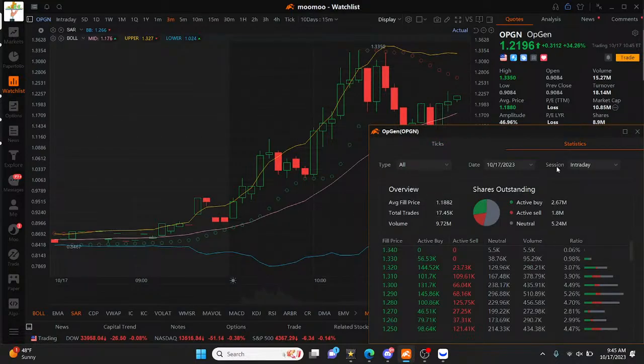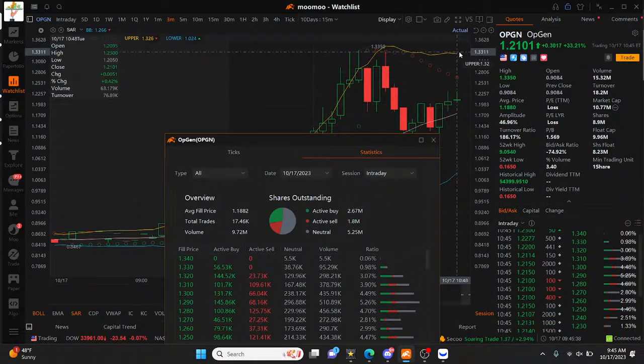Oh, active buy is pretty juicy here in this intraday. And again, things like that shift all the time. So if we see this SAR flip here, I really believe we're gonna set another high here on the day for OPGN.